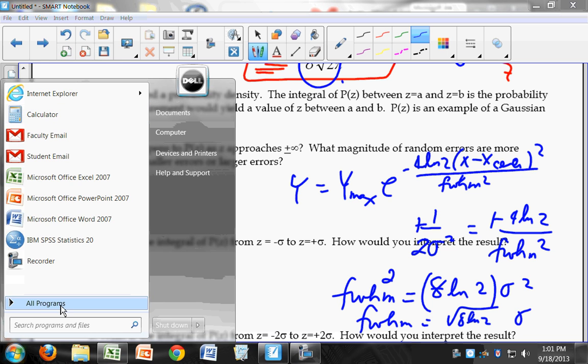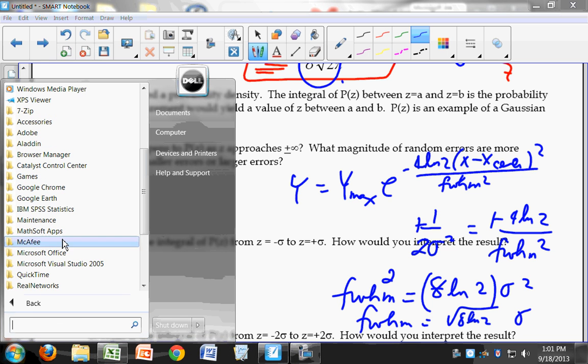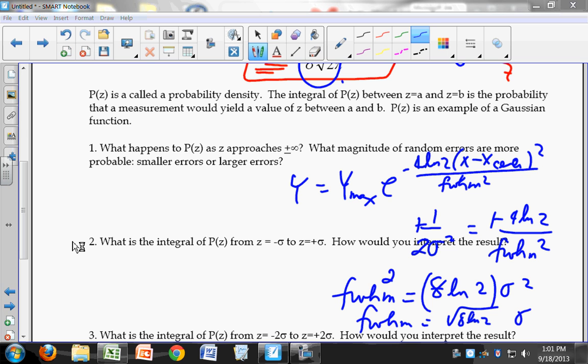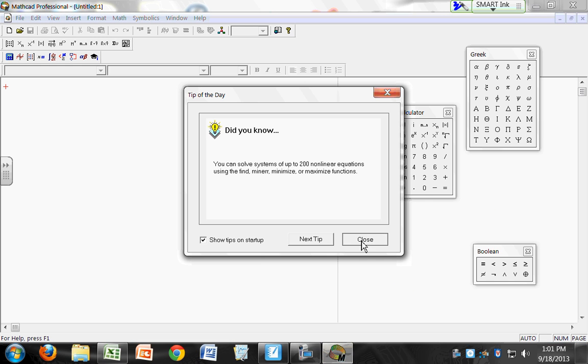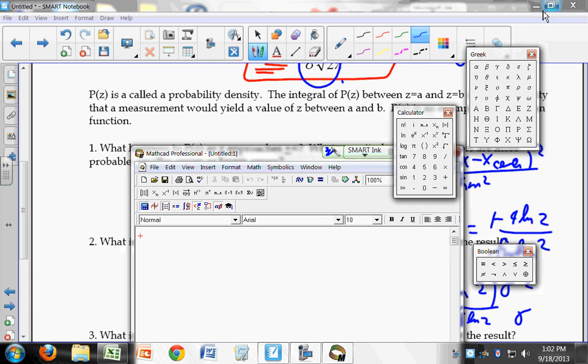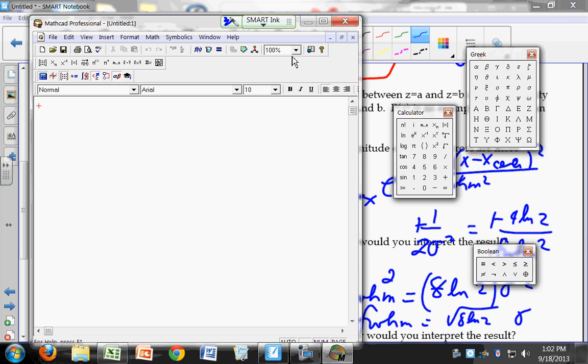Let's bring up math again. So 8 times ln of 2, take the square root of that. Square root of that equals 2.35 sigma.